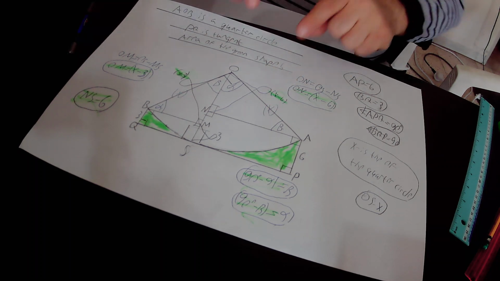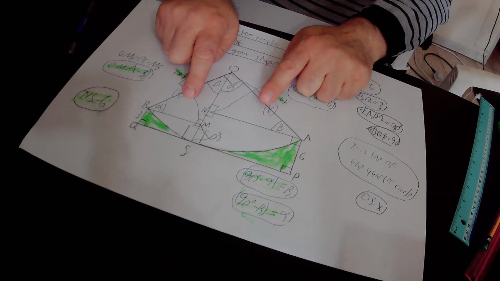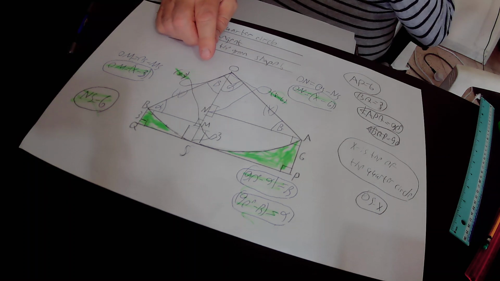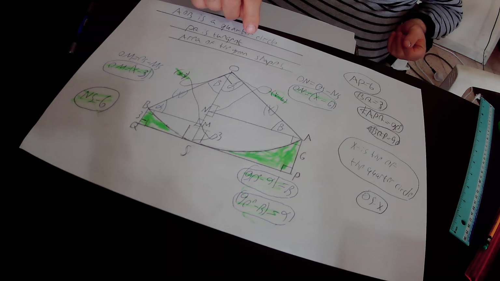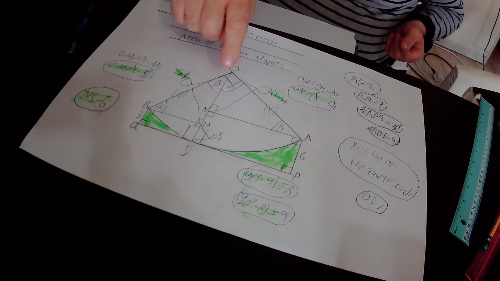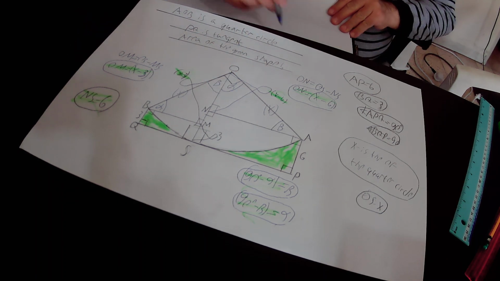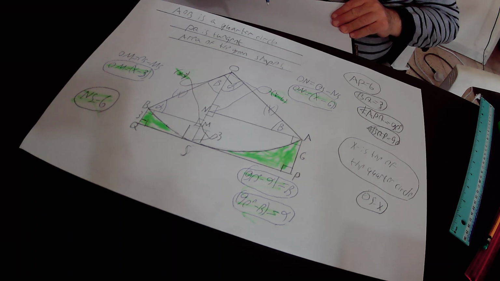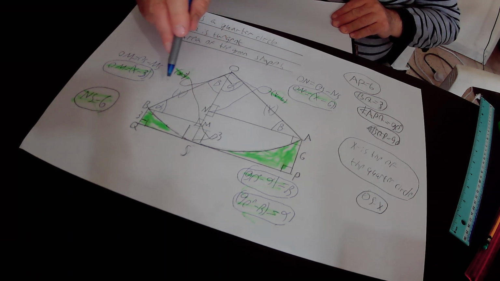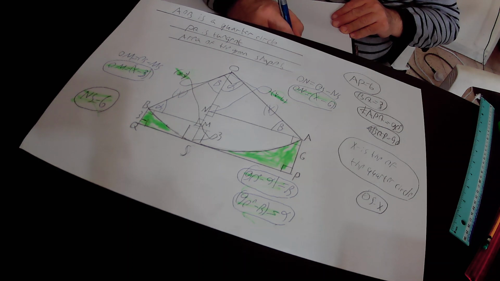And from the fact that those two right triangles are congruent, we will derive that side ON of the right triangle ONA is equal to side BM of the right triangle OBM.